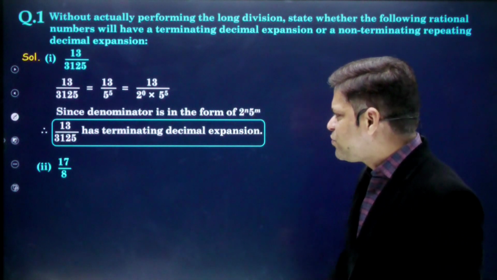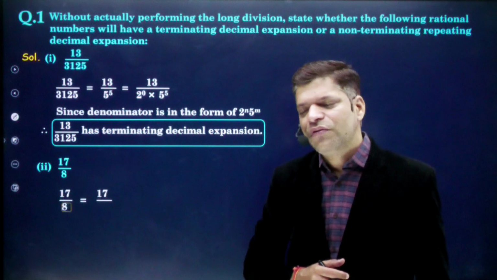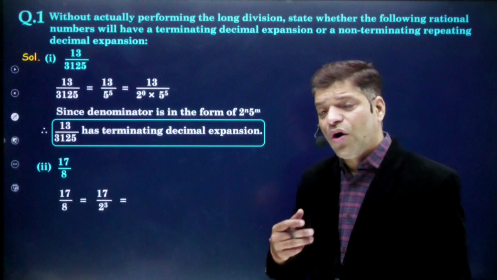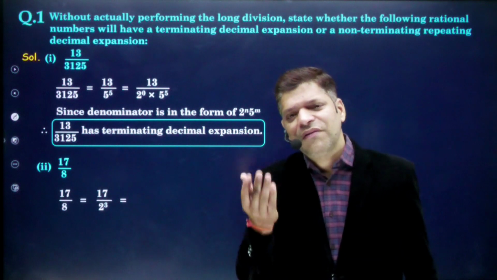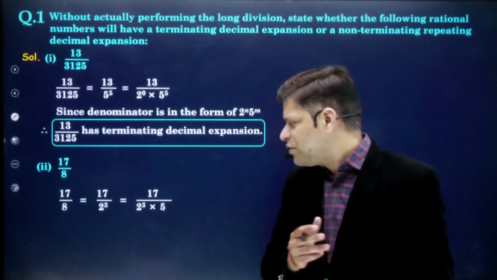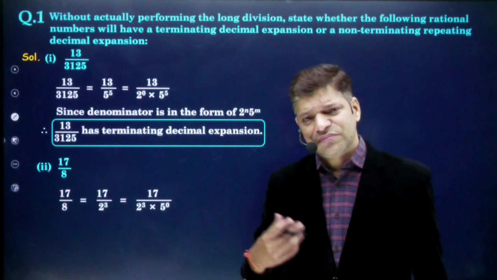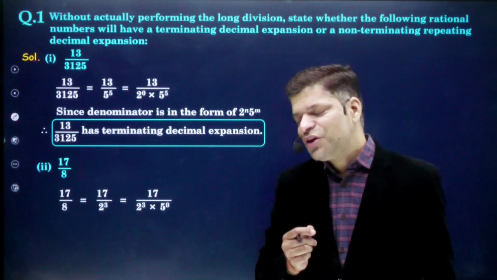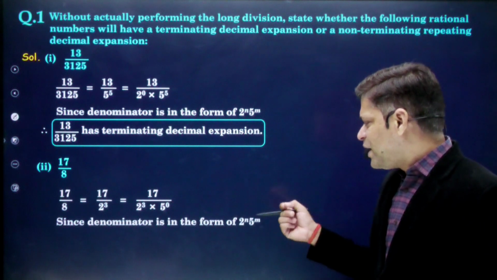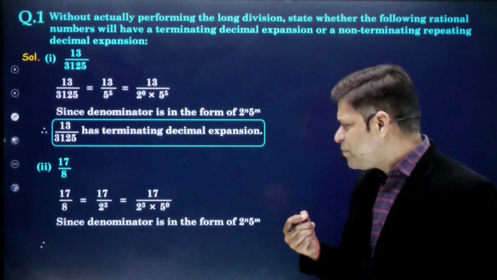Okay, the next one, 17 over 8. 17 over 8 can be written as 17 over 2 raised to the power 3, and also as 17 over 2 raised to the power 3 into 5 raised to the power 0. So also we can see that in this rational number p by q, the q, that is the denominator, is also in the form of 2 raised to the power n times 5 raised to the power m.